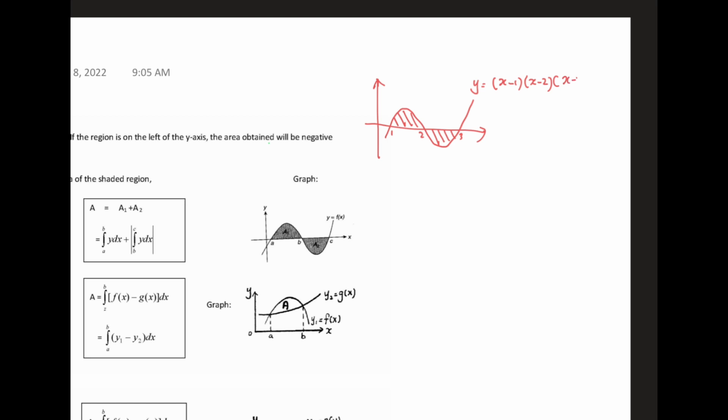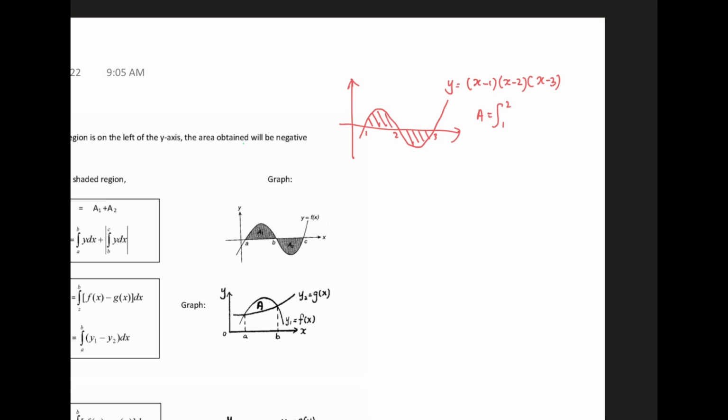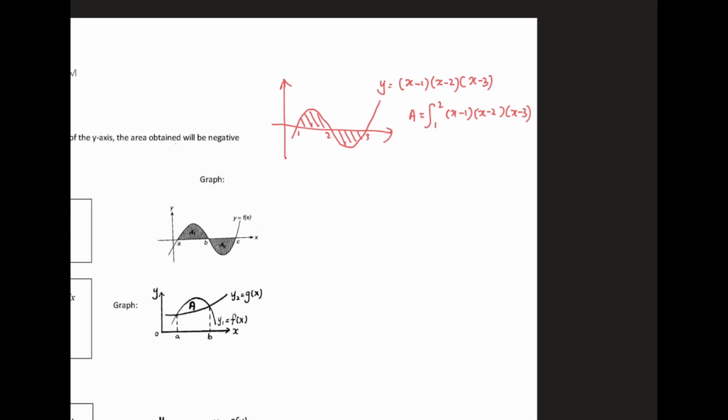Let's say this is (x minus 1)(x minus 2)(x minus 3). So to find the area that I shade, what you do is you integrate 1 to 2 first. You cannot integrate 1 to 3 straight away. So you have to integrate 1 to 2, (x minus 1)(x minus 2)(x minus 3).